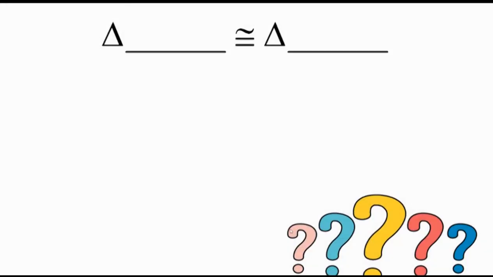Now, let's try another question here. Do you know you don't really need to have the drawing to even identify the corresponding sides? You can use the labels, the letters. For example, triangle XYZ is congruent to triangle KLM.